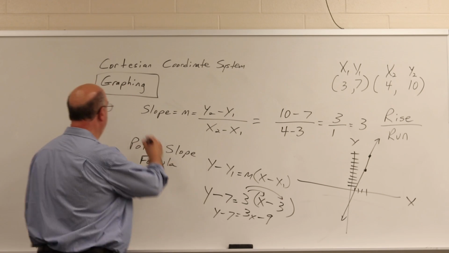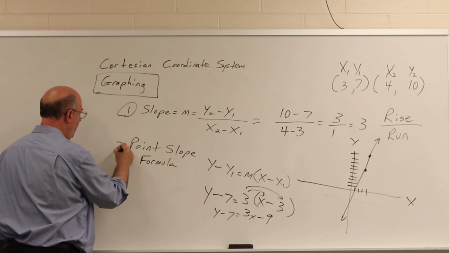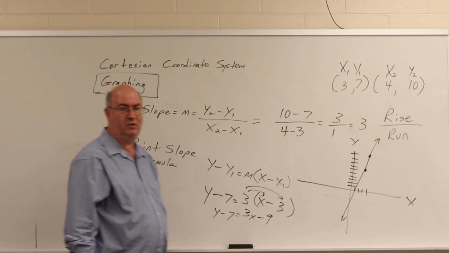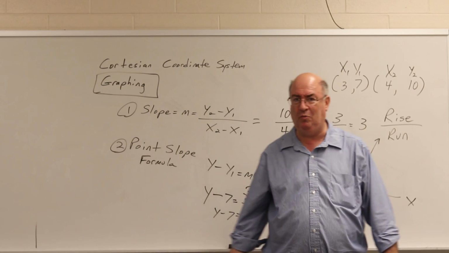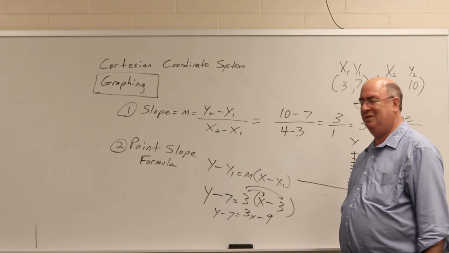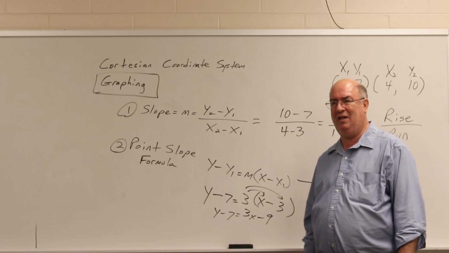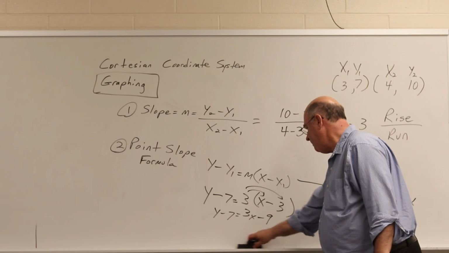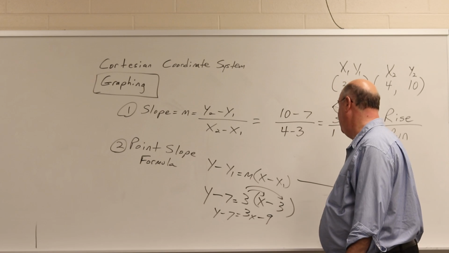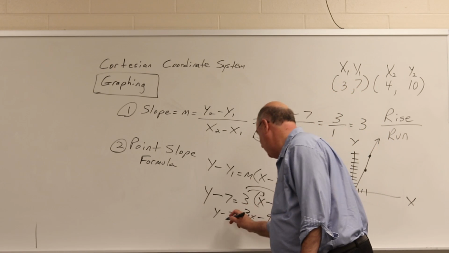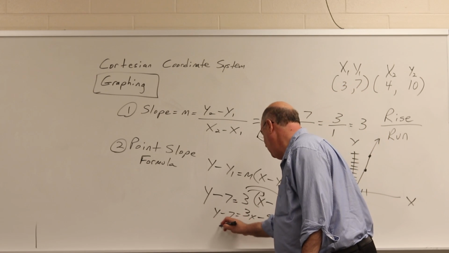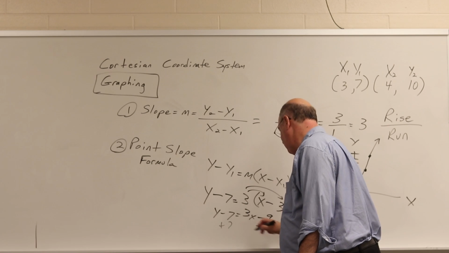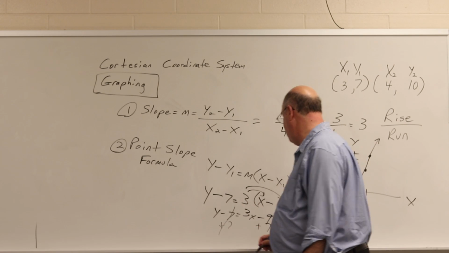So slope is the first thing we did, right? Point slope formula, which a lot of books call the point slope form. They skipped the "ula" on it. I guess they just shortened it up. So point slope formula is this. We take our minus 7 from the left side, make it a plus 7, make it the opposite to get rid of it over there.